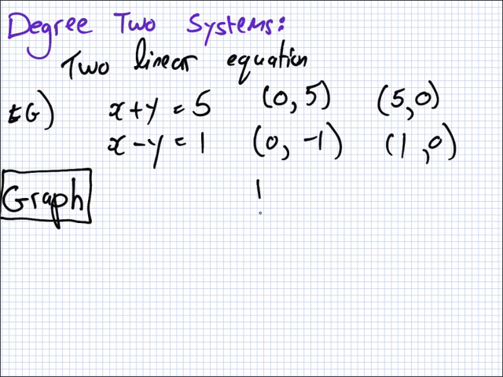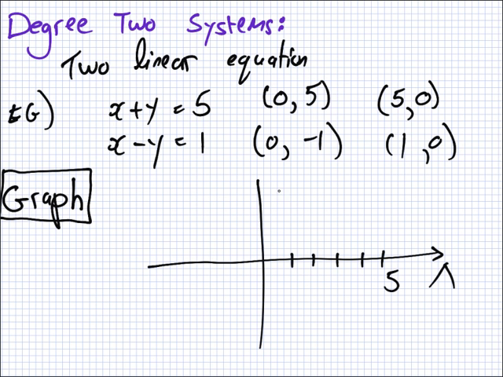1. So if I draw this carefully, 1, 2, 3, 4, 5. The first one is 0, 5. And 5, 0. So there's the first line.